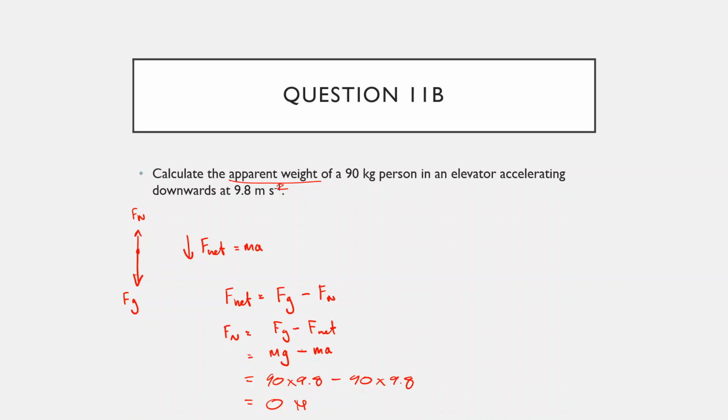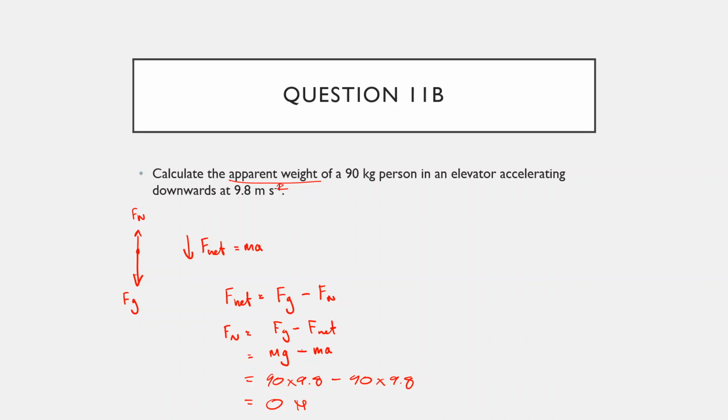So both the elevator and the person are accelerating at the same rate. The person doesn't have to be in contact with the elevator to accelerate; it's just going to accelerate anyway due to gravity.